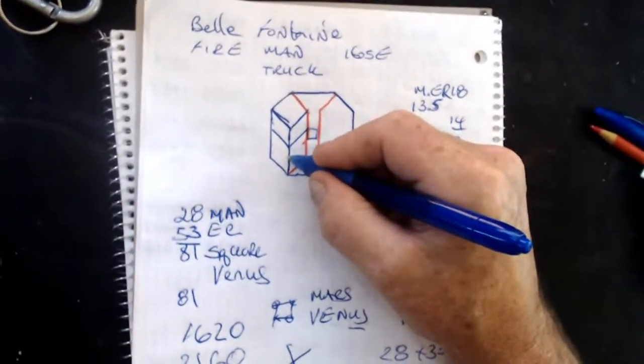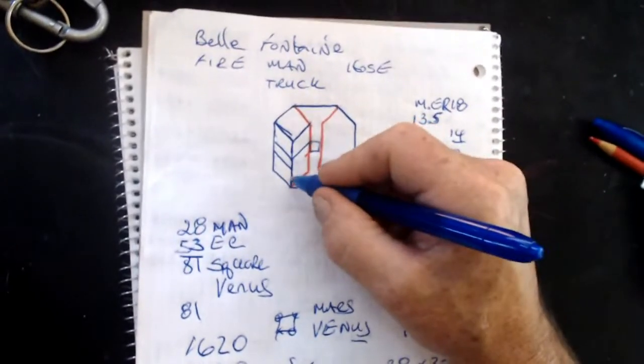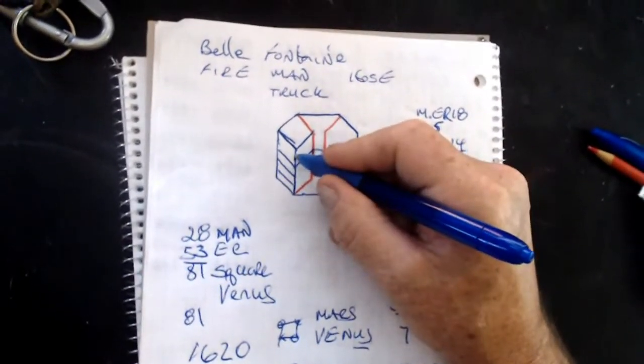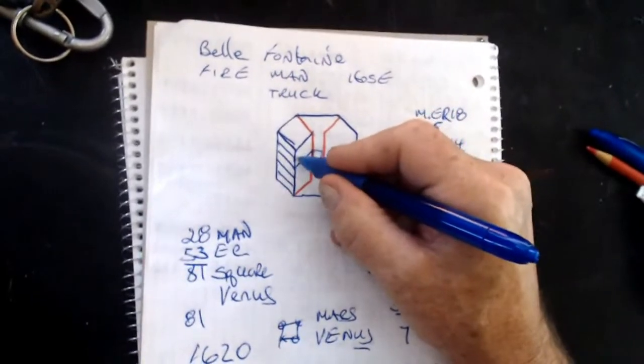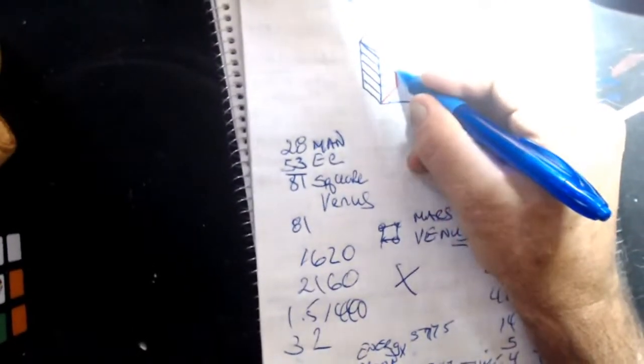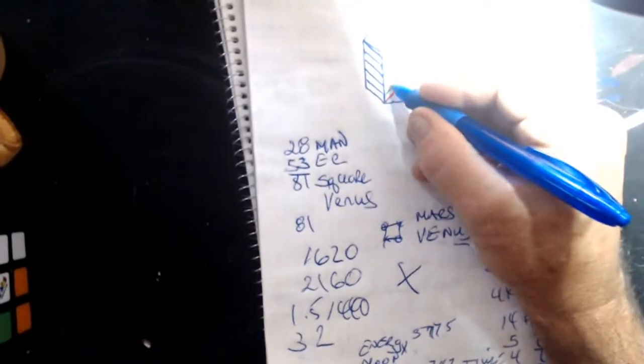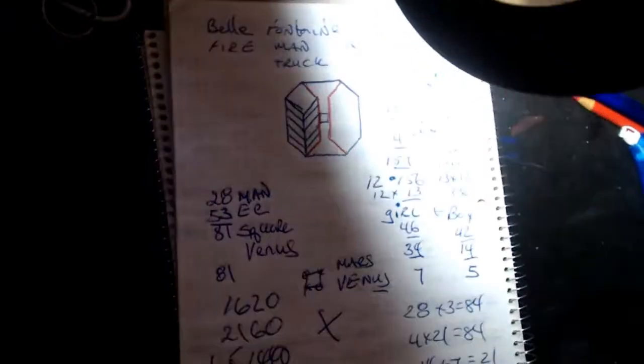Not sure where this one goes, if one of them becomes 1.5, right? Trying to take a look at this and see where the lines are. This one goes down here, one goes over here, one goes over here. Anyways, we end up with that, right?